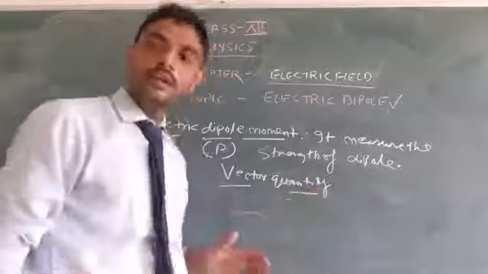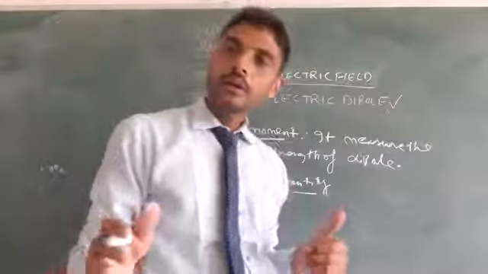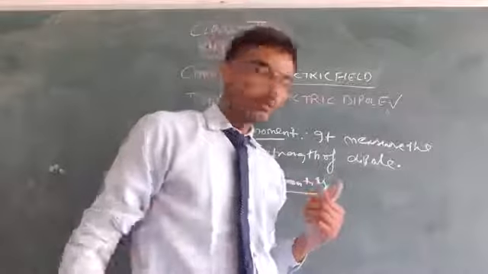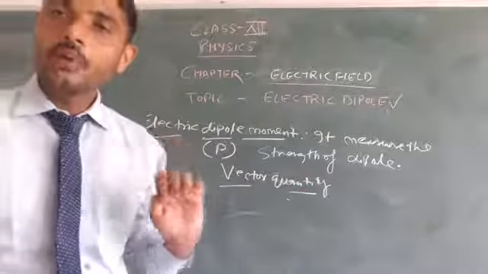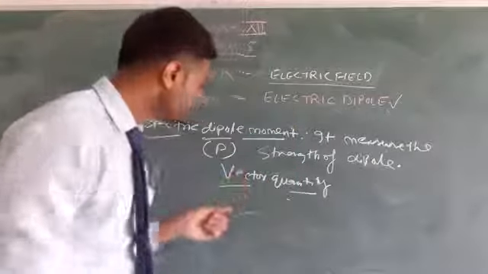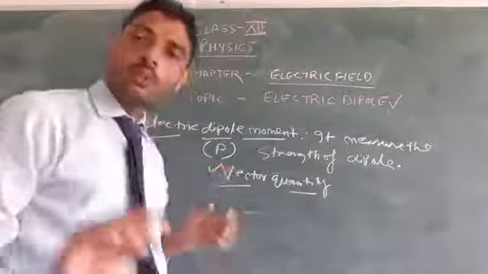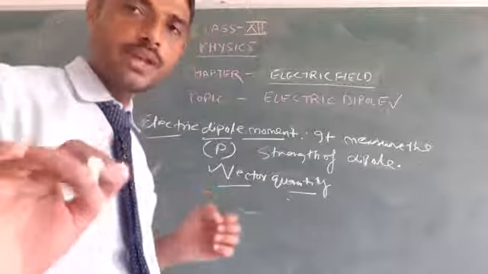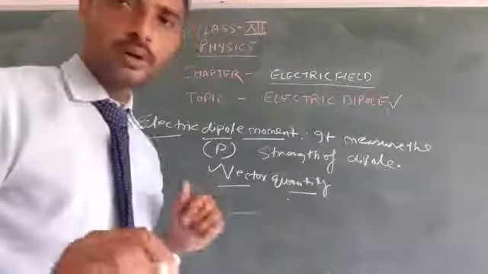It is very important: in the board exam, a question will ask whether electric dipole moment is a vector quantity or scalar quantity. So you have to write that this is a vector quantity. For the board exam this is very important for 1 mark.